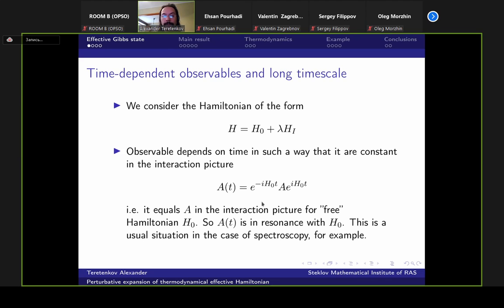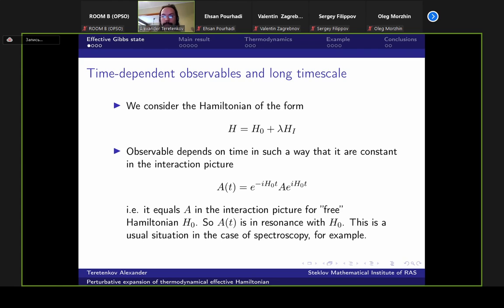Why is this setup natural? Because usually when we consider some external classical electromagnetic field interacting with an n-level atom in resonance situation, we will see something like that. We are finding such observables.